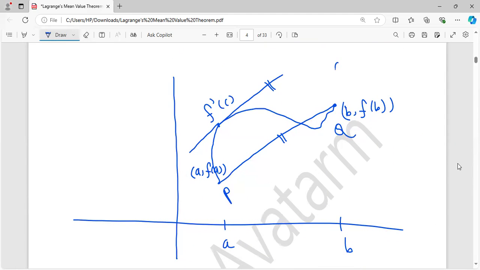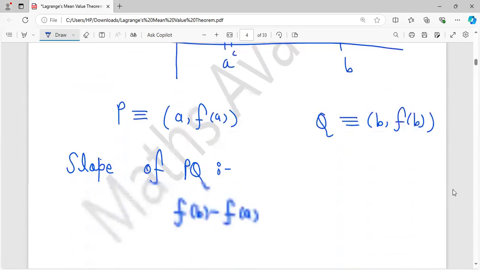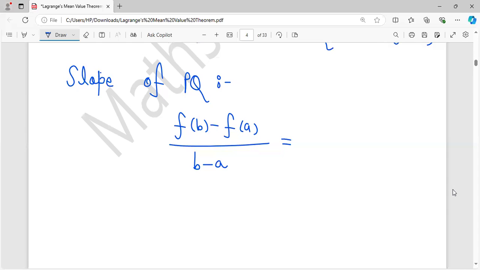So there will be some point c here at which the slope of the tangent to the curve is parallel to this chord. The tangent of the curve at c has slope f dash c, so this tangent is parallel to this chord. This is the meaning of mean value theorem. So this is the physical interpretation of Lagrange's mean value theorem.